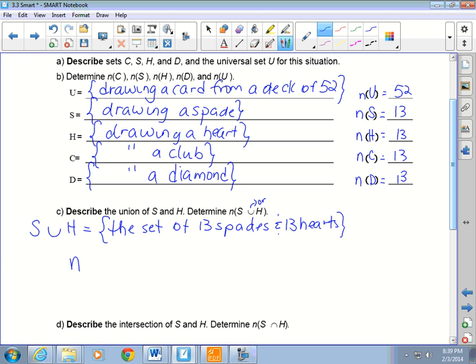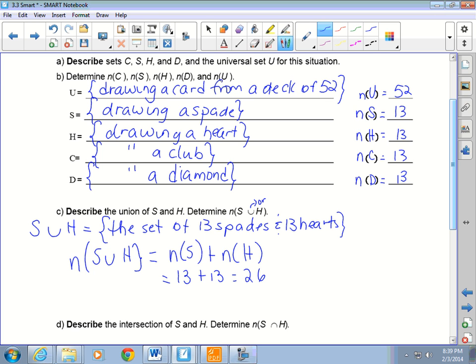The number of elements of the union of spades and hearts is the number of spades plus the number of hearts, which is 13 plus 13, which is 26.